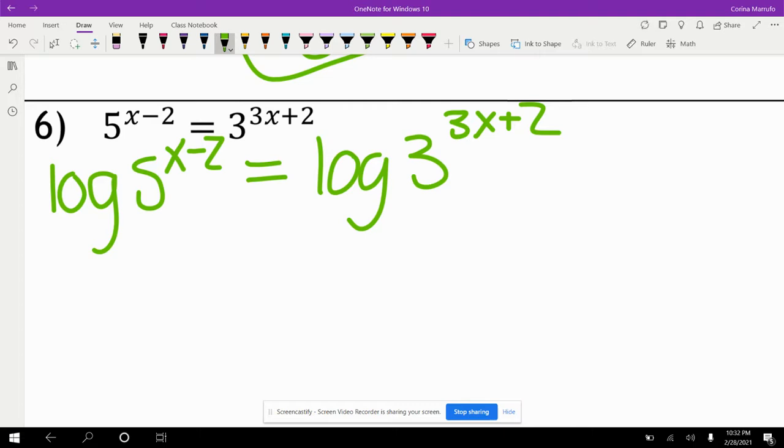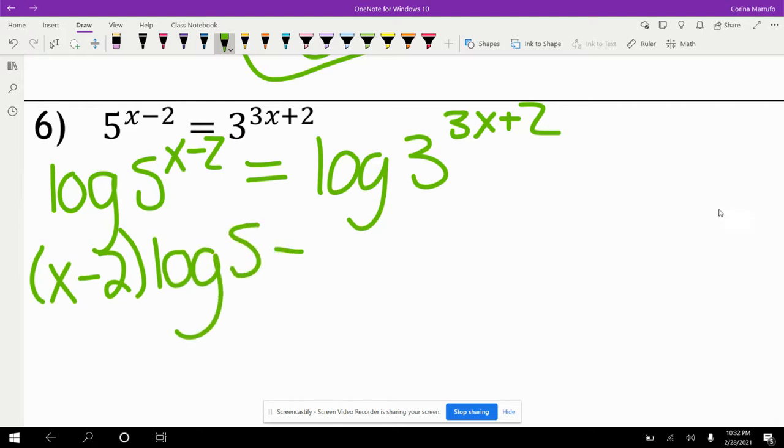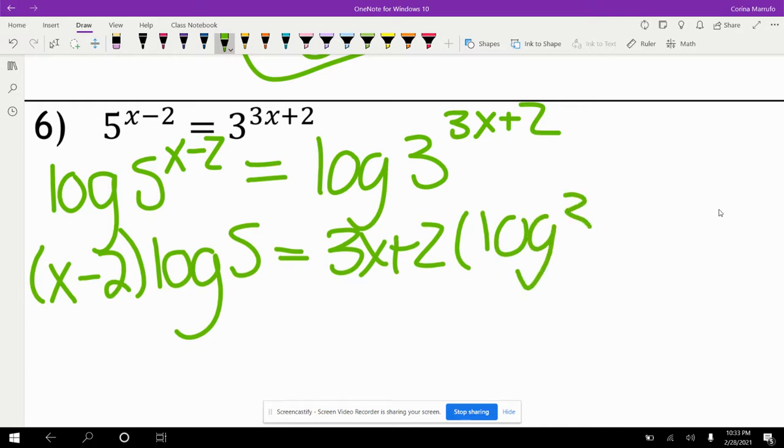Remember the rule, the exponent is going to be thrown to the front, so x minus 2 times log of 5 equals, and then this one's going to be 3x plus 2 goes in the front, and then log of 3.